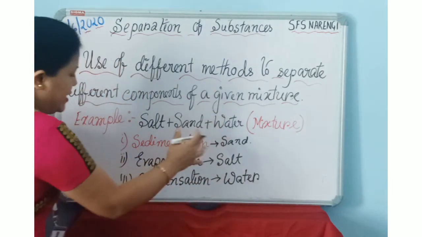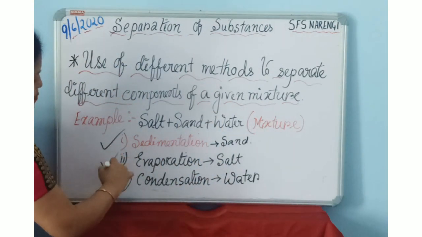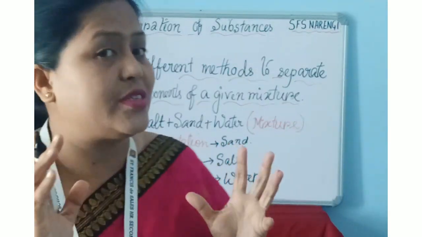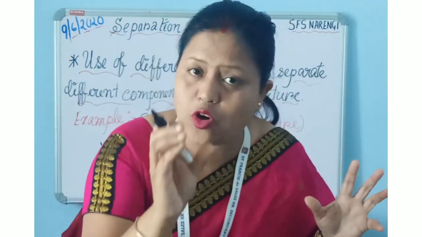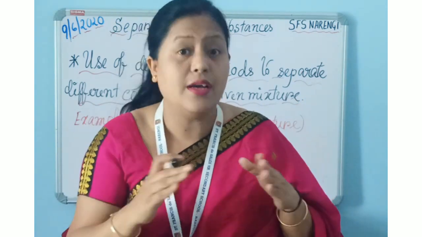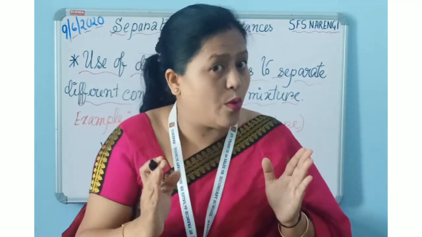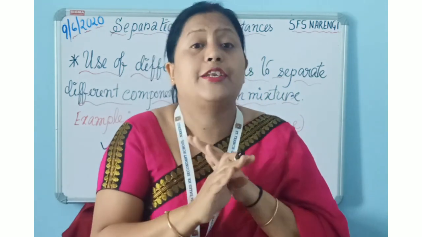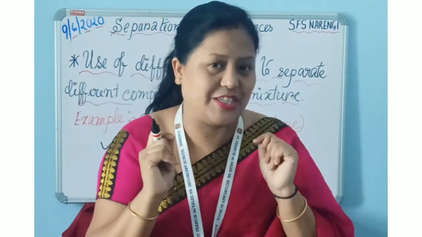So we can see that there are these three different steps involved, which have separated the different components of a mixture differently. So this is how we can use different methods to separate different components of a mixture.